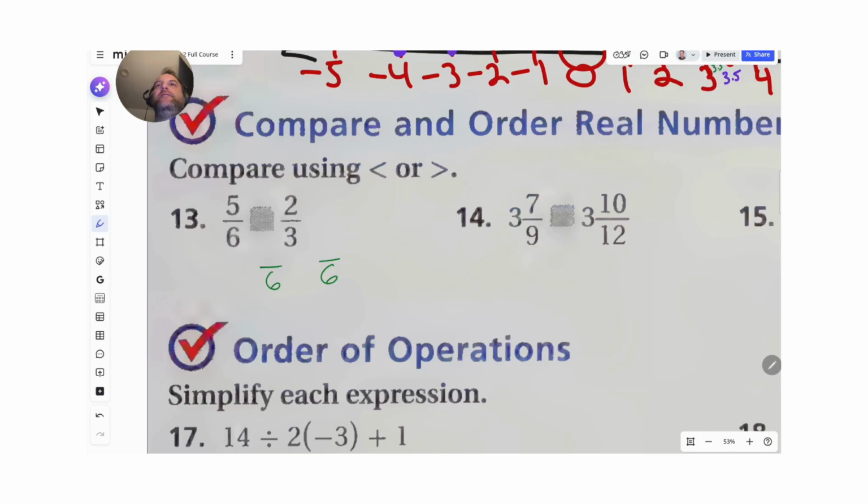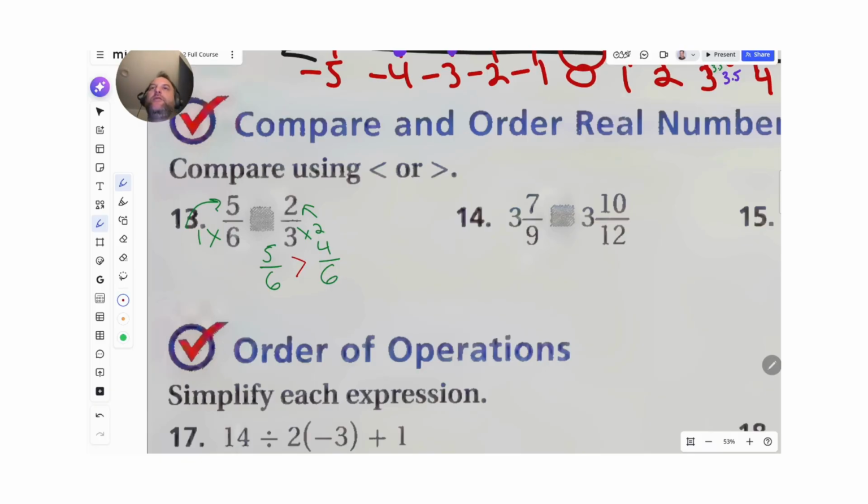Now we're comparing 6 times 1 times 5 to 3 times 2 times 2. Now we're comparing 5/6 to 4/6. And 5 is greater than 4. We can just compare the numerators once we get those two equal denominators.